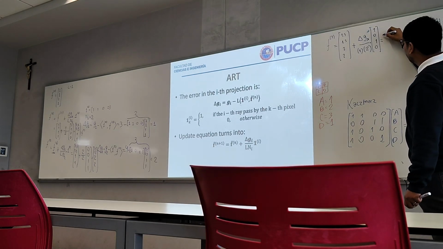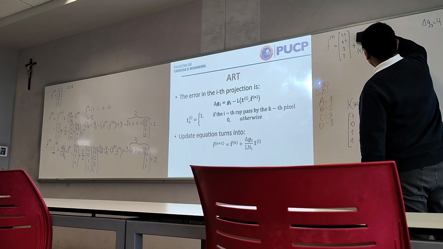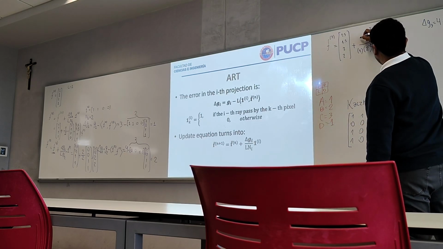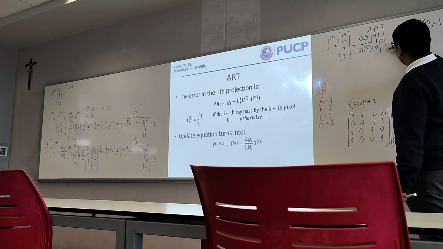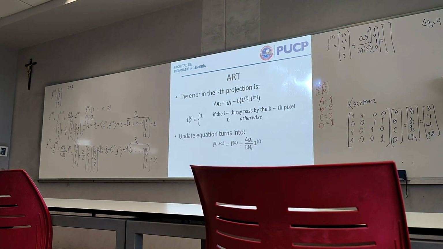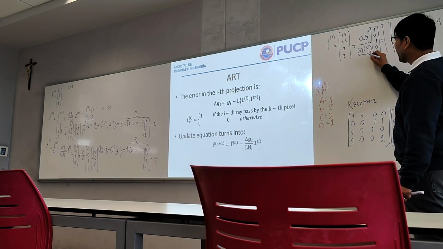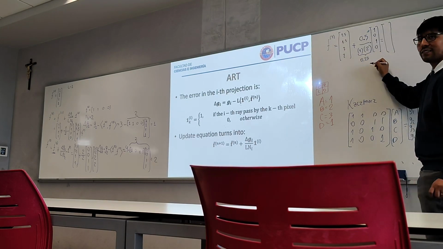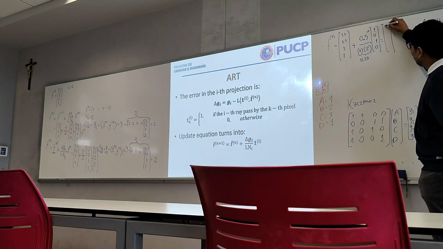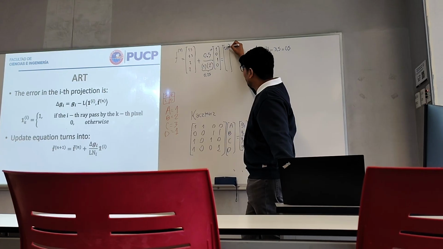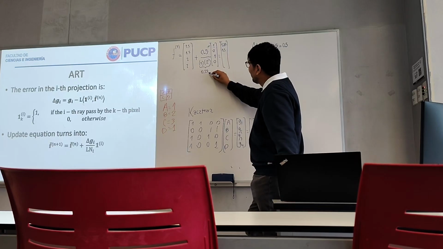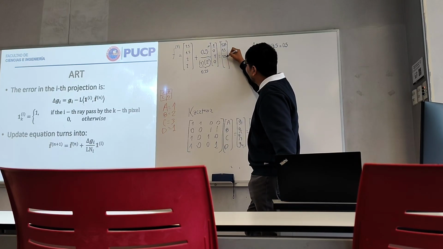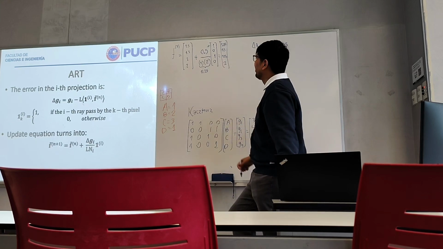So we have here 0.5. Right? So how much would it be? 0.5 divided by 2? 0.35, right? 2, right? Two.